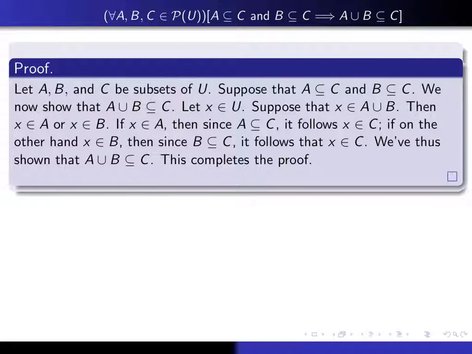And how do I do that? I look at the working definition. So this is actually a conditional statement. So here's the skeleton of the proof of my conditional statement. I give myself an X in the universe. I suppose it's in the union.